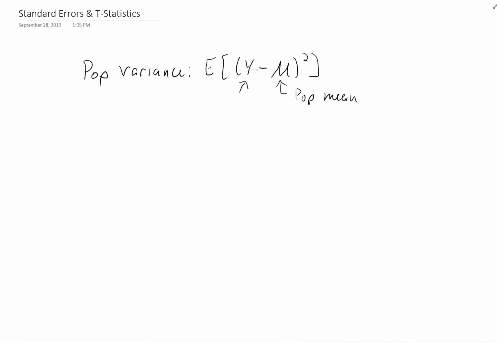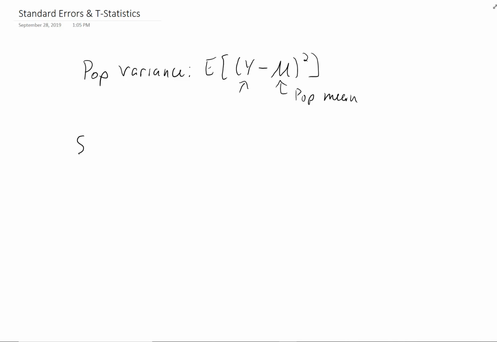By definition, this population variance is the expectation of (y minus mu) squared, where mu is the population mean, and the y's are those random draws we have of our random variable. So oftentimes we don't know what the population variance is in statistics. We don't know the true mean of the population either.